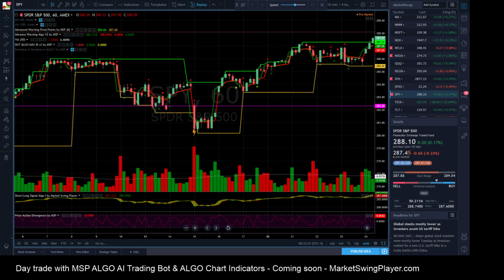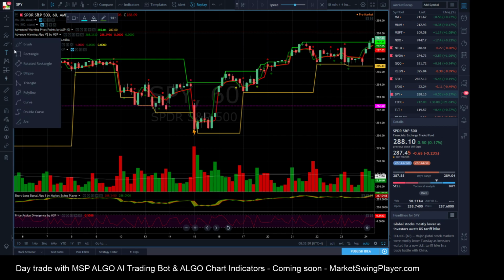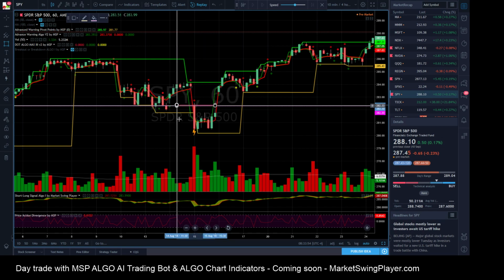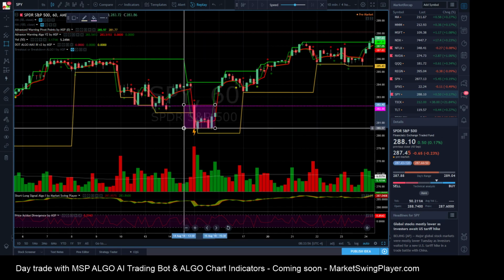So we know they were creating a distribution accumulation zone. So we're going to draw a box around it, because we could draw a box around it after we actually see what they're doing. We got a bottom, we got a top, and we just wait.